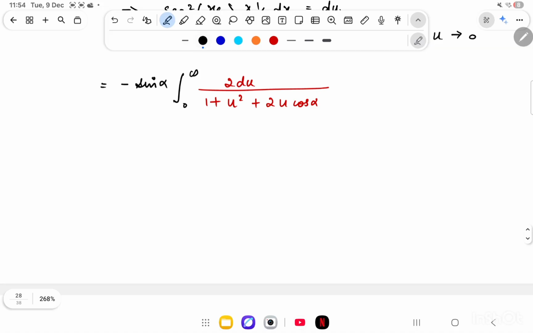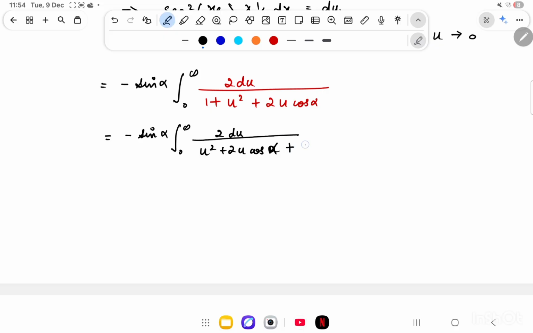1 plus u square plus 2u cos alpha. Now we can easily form a whole square in the denominator in order to solve it, so it will be minus sin alpha, integral from 0 to infinity, 2 du divided by u square plus 2u cos alpha plus cos square alpha plus 1 minus cos square alpha.